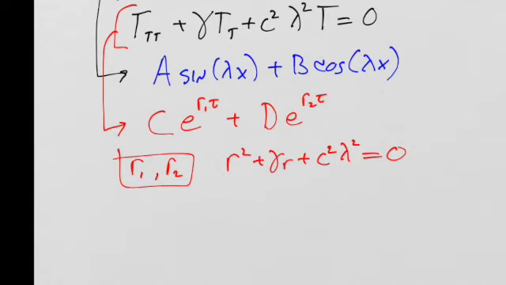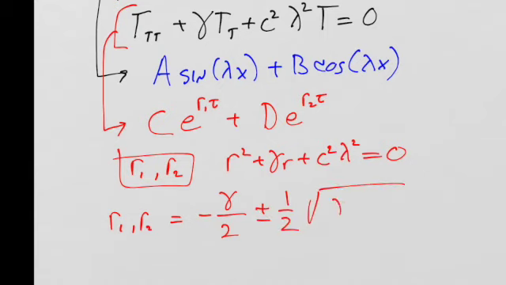And that possibility is what makes the damped solution more interesting and more accurate than the undamped solution. Anyway, what is the solution? So r1 and r2 are going to equal, and now I'm just using the quadratic equation, minus gamma over 2 plus or minus 1/2 times the square root of gamma squared minus 4c squared lambda squared, right?